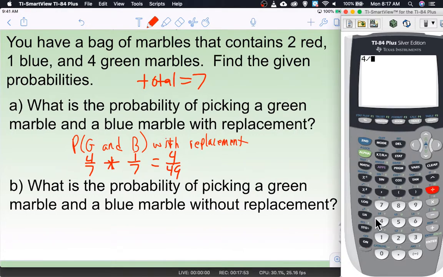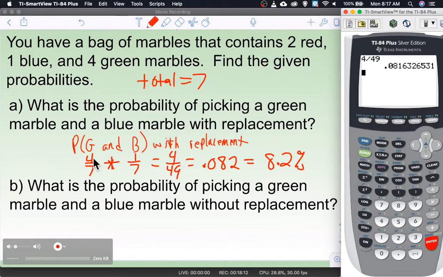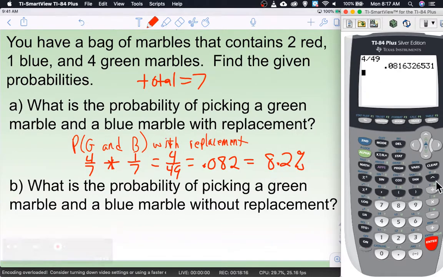Just because I'm curious, as a decimal it would be 0.082. I'll round to the nearest thousandths, which would be 8.2%. So the chance of getting a green marble and then a blue marble from that bag is around 8.2%.